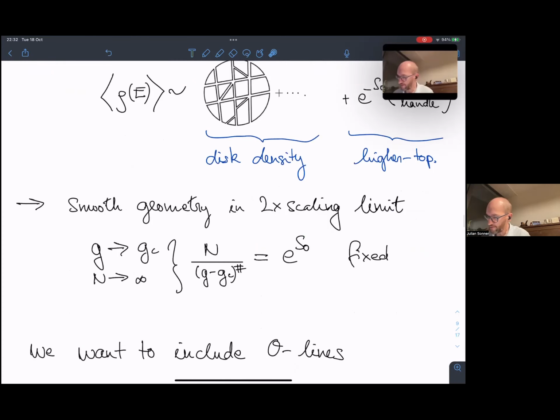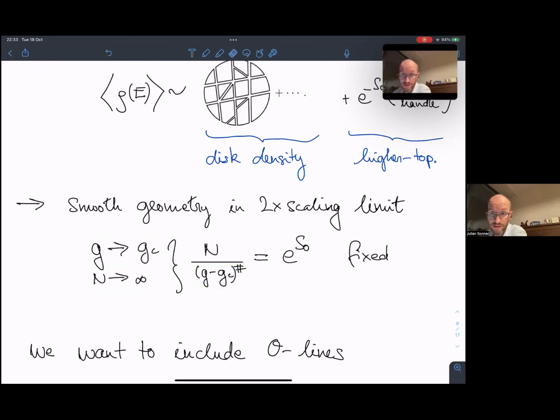So one takes the limit to the critical point and at the same time the number of eigenvalues to infinity, in such a way that a certain ratio of N over g minus the critical coupling to some critical exponent remains finite.